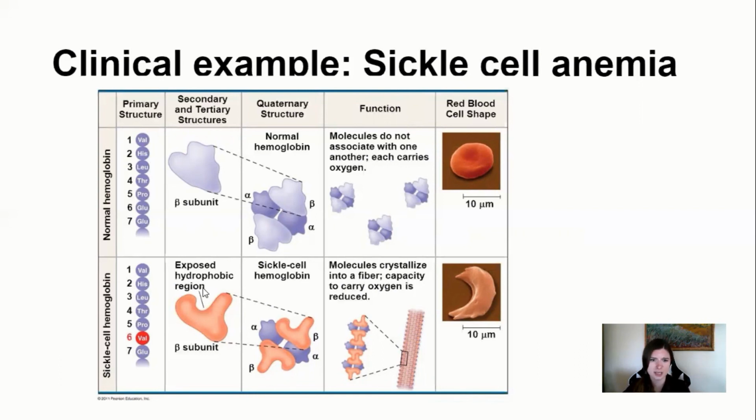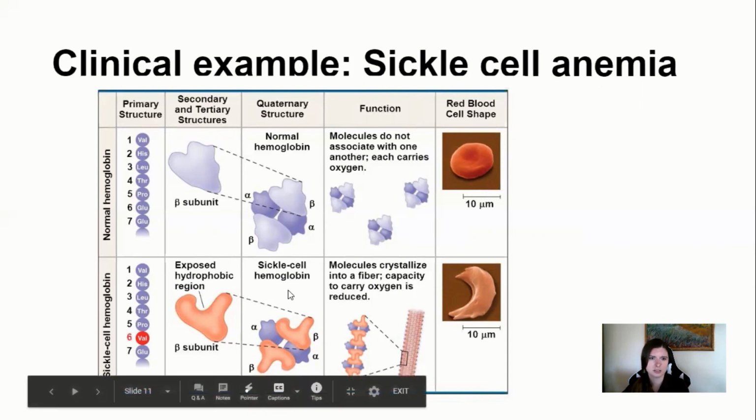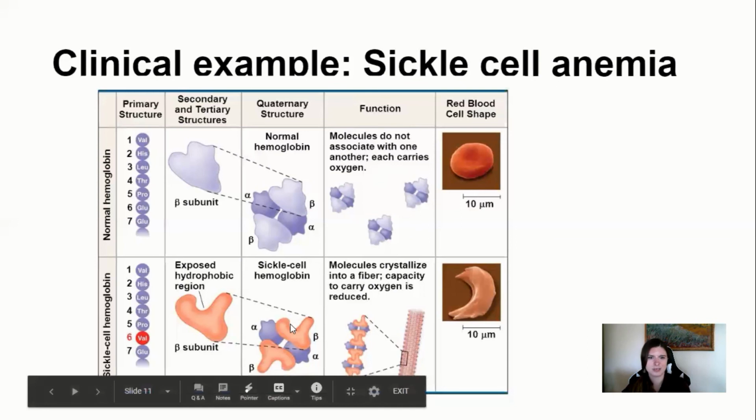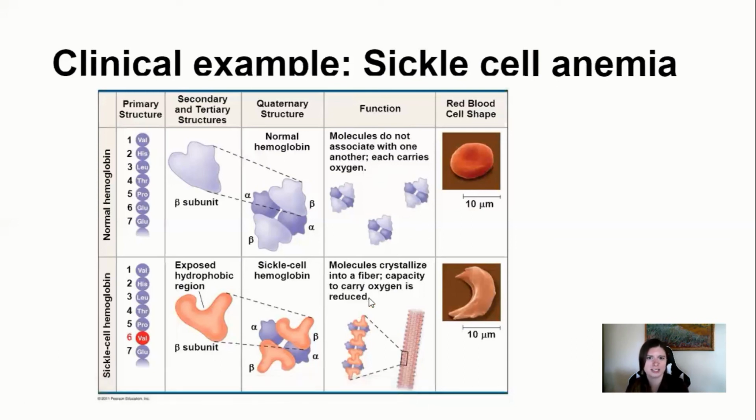So this is one of our subunits. And when we have our subunits linked together in normal hemoglobin, it would look like this. Sickle cell hemoglobin would look like that. Now, hemoglobin molecules usually won't associate with each other, and each one will carry oxygen when hemoglobin functions normally. But when we have sickle cell hemoglobin, because we have these hydrophobic regions exposed and this new shape, the hemoglobin molecules actually link together.